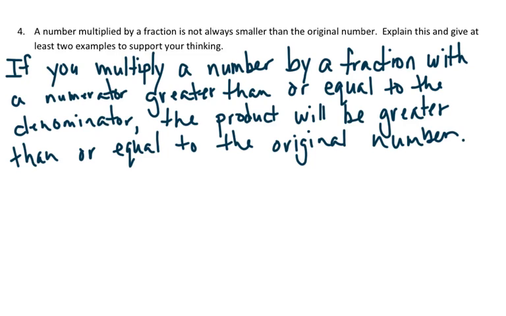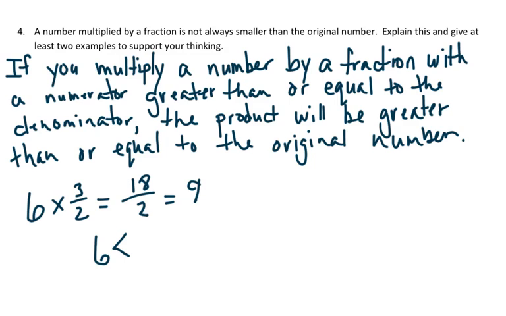And the example for this is, let's take the whole number 6, and we're going to multiply that by 3/2. That's going to give you 18/2, or the whole number 9. And 6 is less than 9.